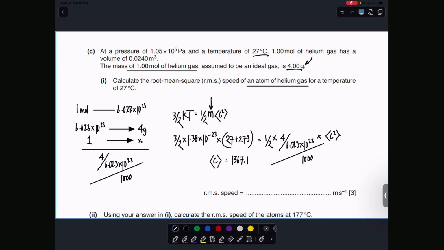That's a very high velocity. Okay, let me see anyway. 1367.1. The root version. After rooting, this is the value. Okay, I mean it's possible maybe. So what's the answer going to be?